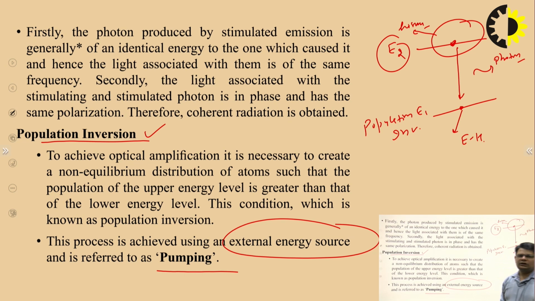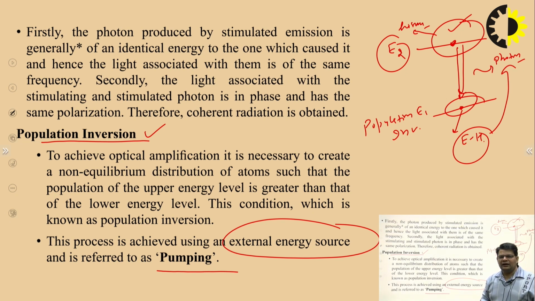some external energy source, and this is known as pumping. That means for the stimulated emission, we need to have more electrons in the excited state or higher state as compared to the lower state, so that we can bring them down and the electron hole pair can combine together to generate the photons.